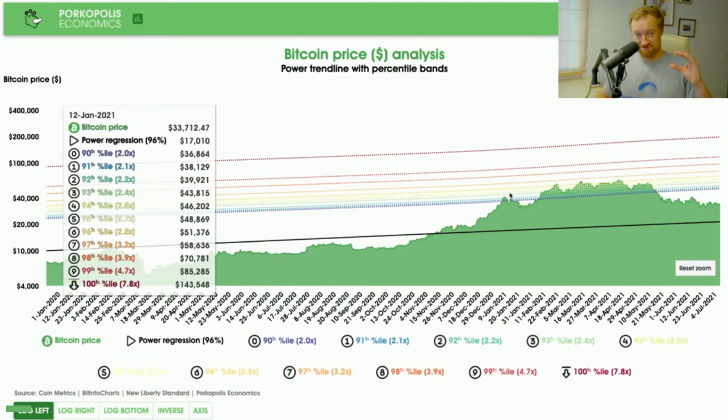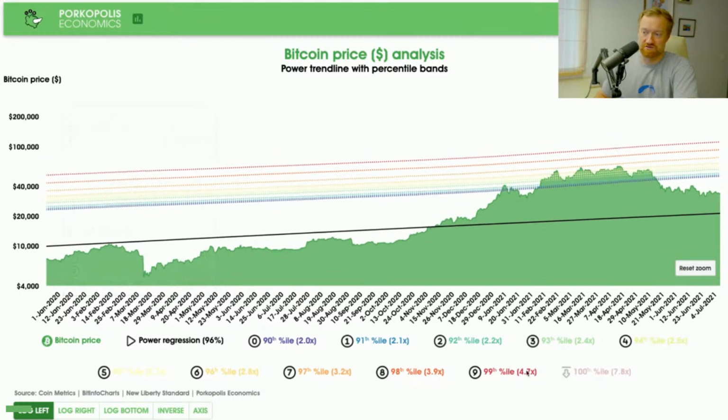However, the amplitudes, I guess, are smaller, right? We're not even close to the 90th now. This is the point I wanted to show you of zooming in on these 90th to the 100th percentiles. Obviously, we're not going to hit that 7.8x the trend, 8x the trend, 4x the trend, not even close, 3x the trend.